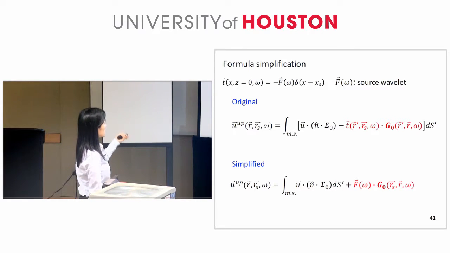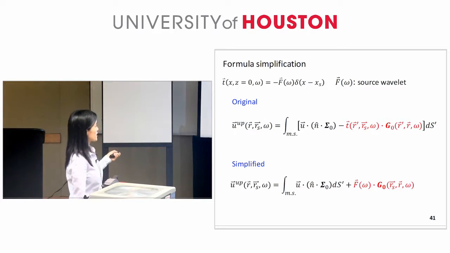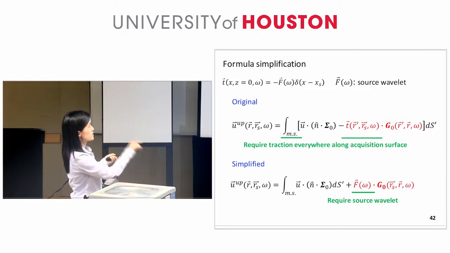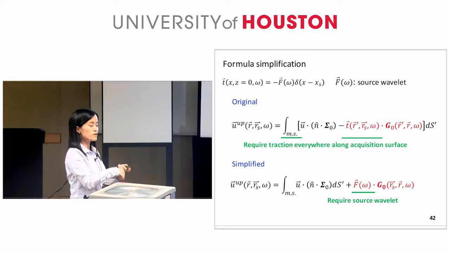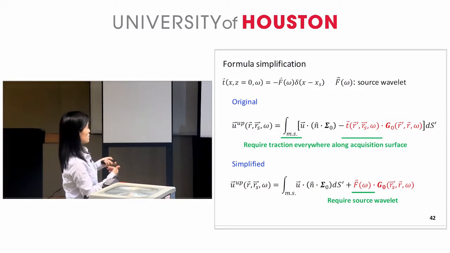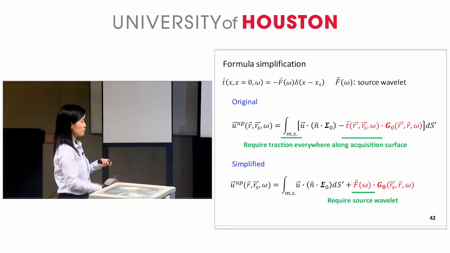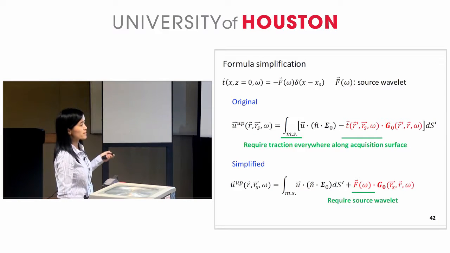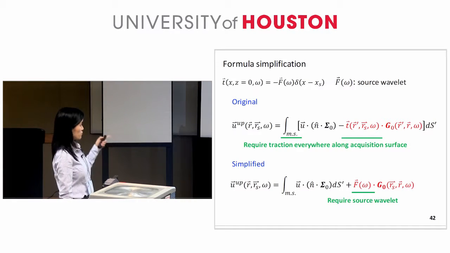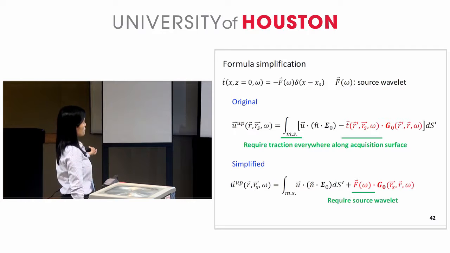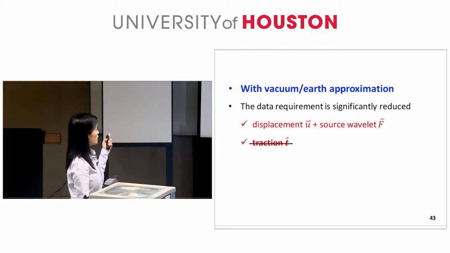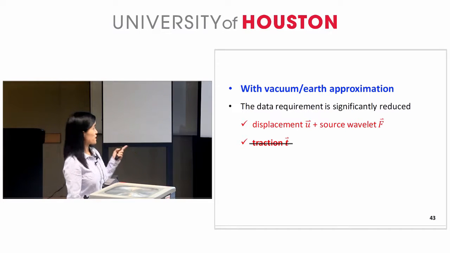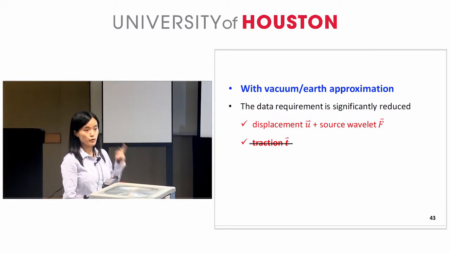You can see that instead of requiring the traction everywhere along the acquisition surface, we only need the force information at the source point, or an approximate source wavelet, to finish the computation of the second integral. That's what we do here. And now we can see with the vacuum Earth approximation, the data requirement for the wave separation is significantly reduced.